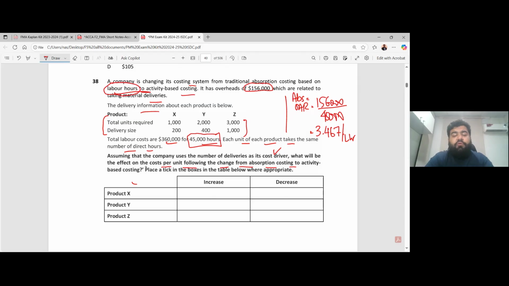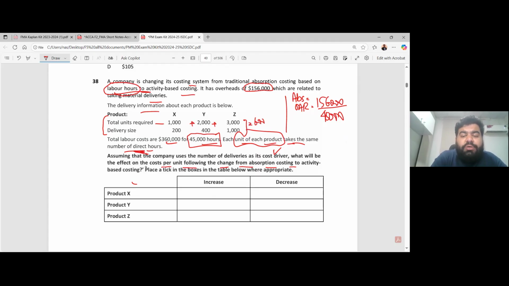For this scenario, I'm going to tell you one technique. If each unit of product takes the same number of direct labor hours, like for example X, Y, Z taking the same number of labor hours, and the labor hours are not given, you can take units as the base, like 1000 plus 2000 plus 3000.